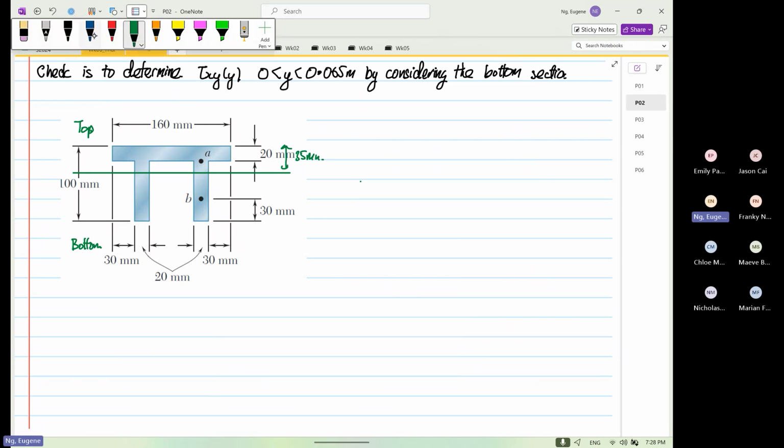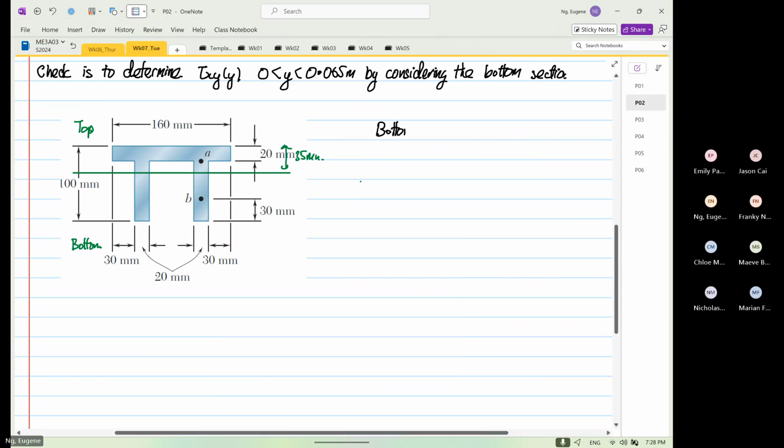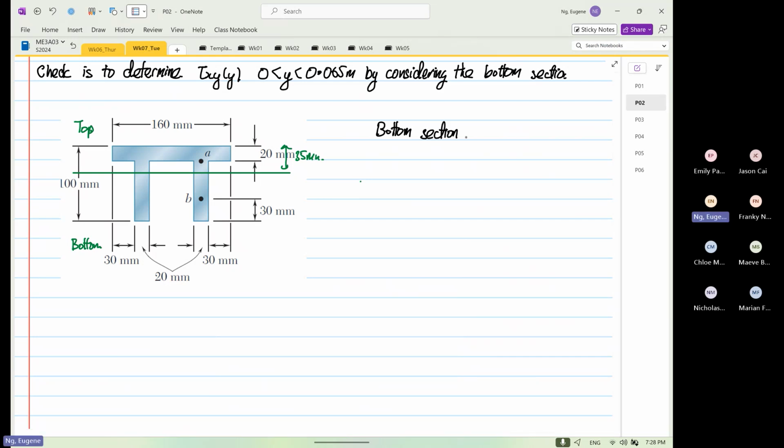So we're going to consider the bottom section, where thickness is equal to what? Thickness is equal to 0.04 meters. And the limits is again 0 to y, and then we are going to go down by 0.065 meters. So this is 0, and this position over here is your 65 millimeters.